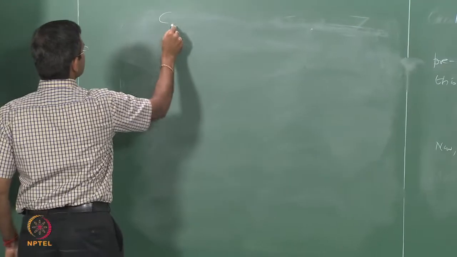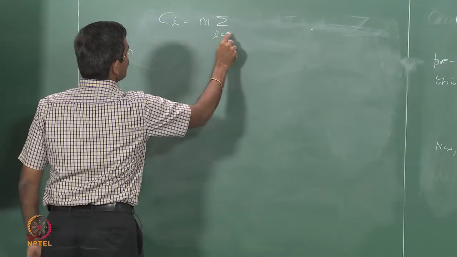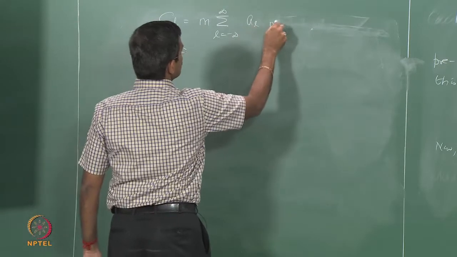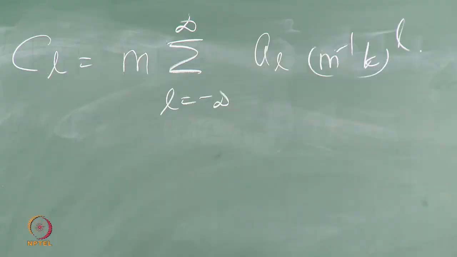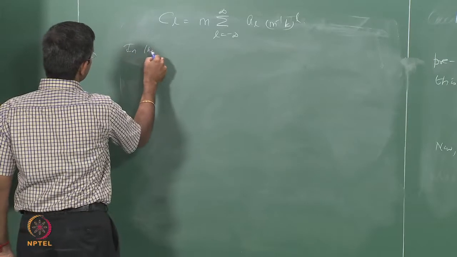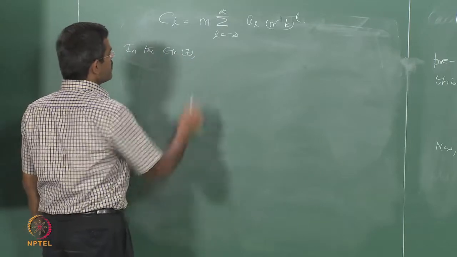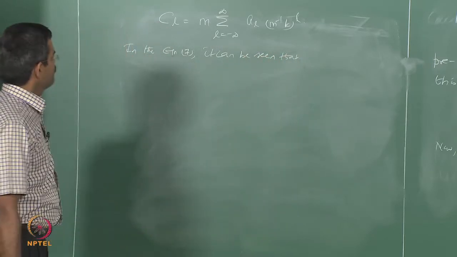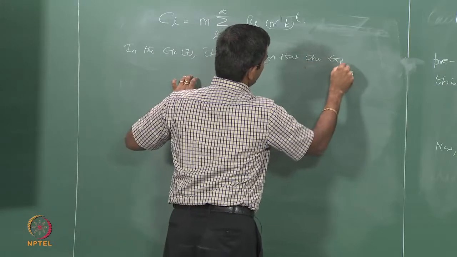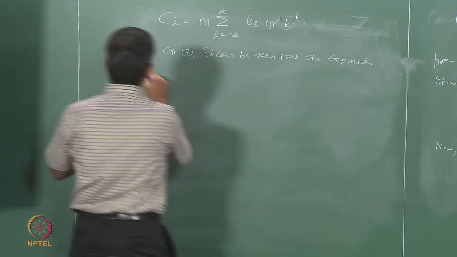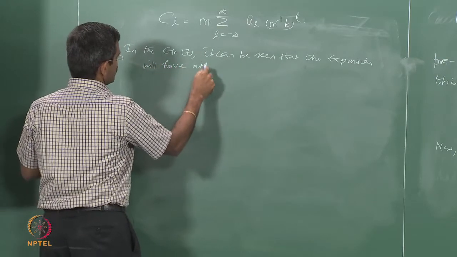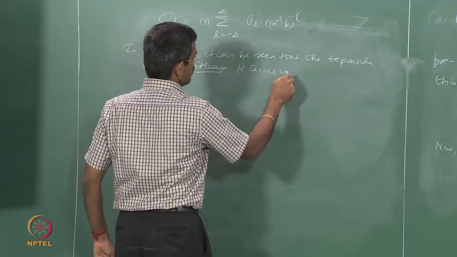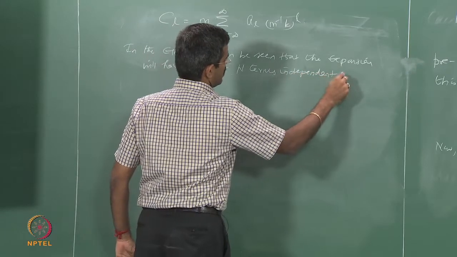So, let us say C L is m, L from minus infinity to plus infinity, A L m inverse k of L. In the above equation, it can be seen that the expansion will have at least n terms independent in the series.